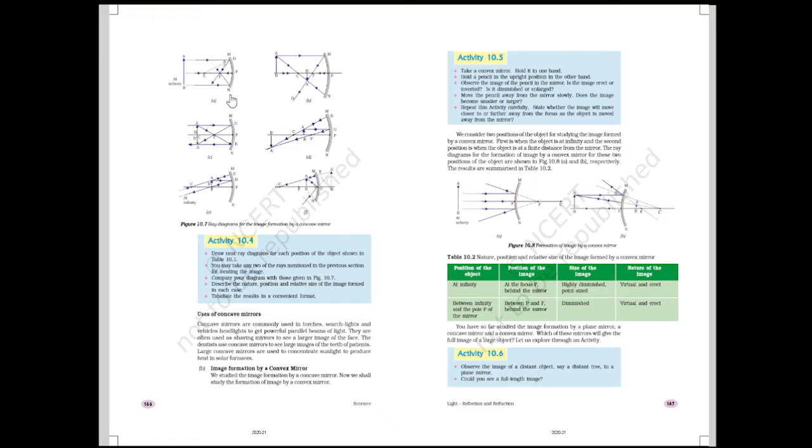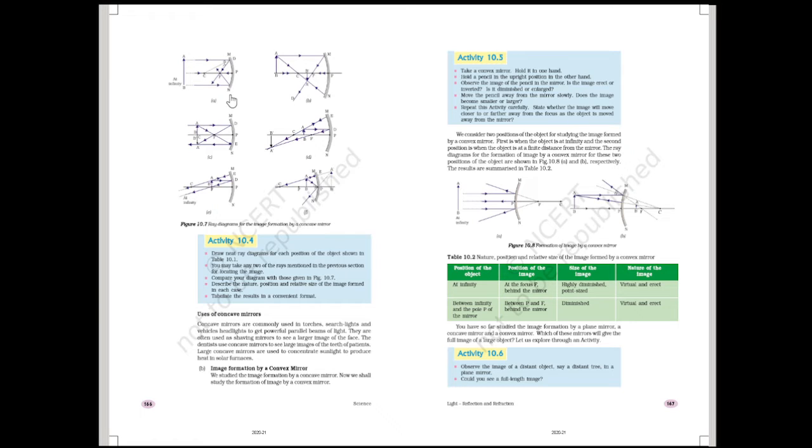When the object is at infinity, light reflects and passes through the focus from either side of the principal axis. So the image formed is at the focus. This is the first point.